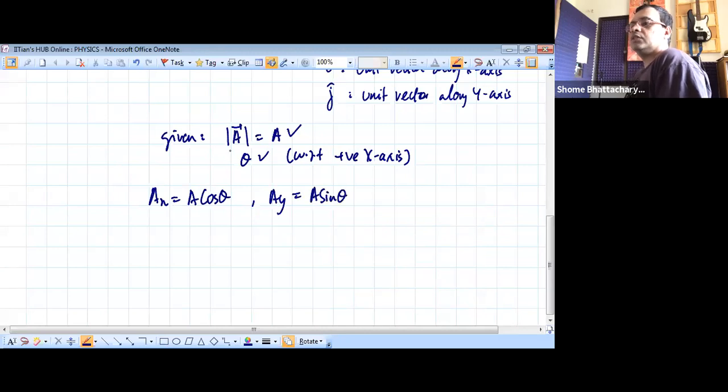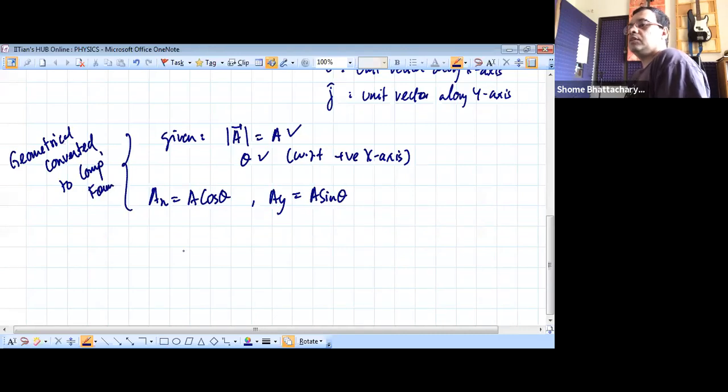So this is a conversion from geometrical form to component form. Whereas, if the geometrical form is known, this is now converted to component form.